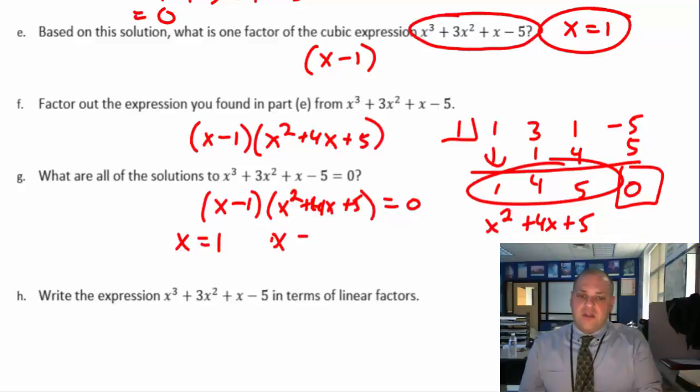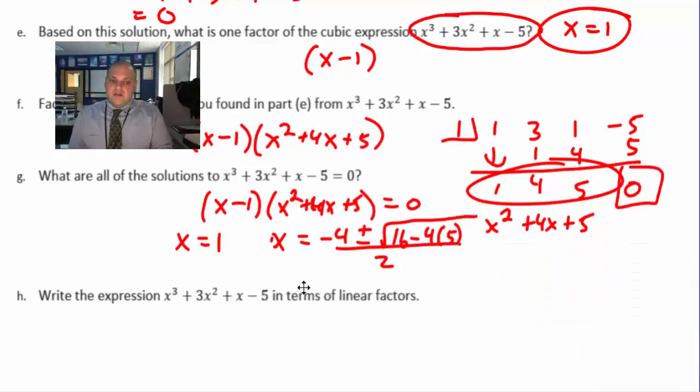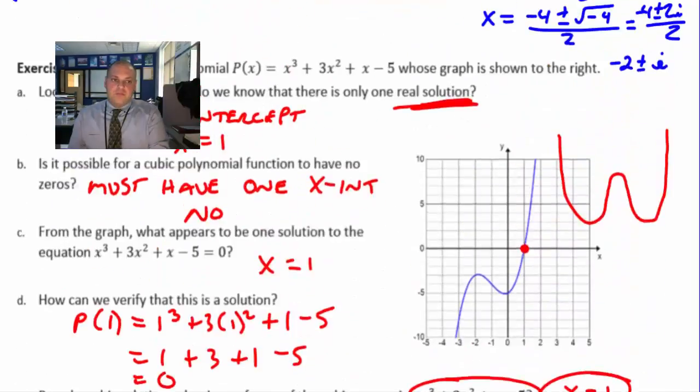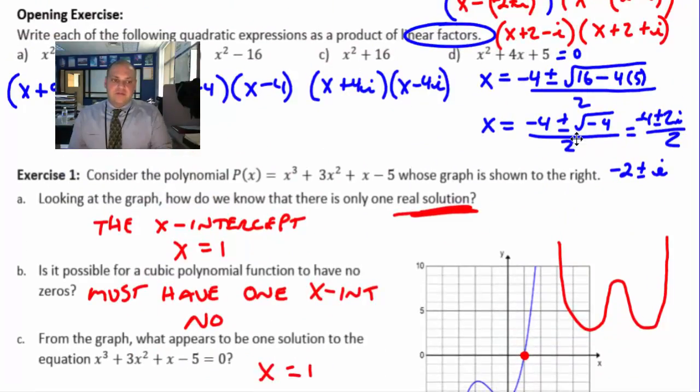So now we can use the quadratic formula here. X equals negative b, so negative 4, plus or minus the square root of 16 minus 4 times a times c, over 2a. So that's going to be negative 4 plus or minus radical 16 minus 20, radical negative 4, over 2. And look what's happening.